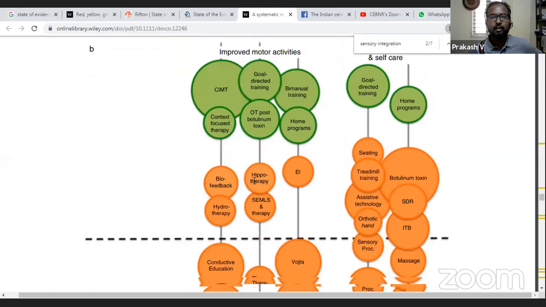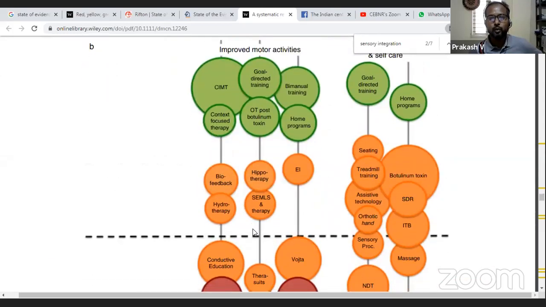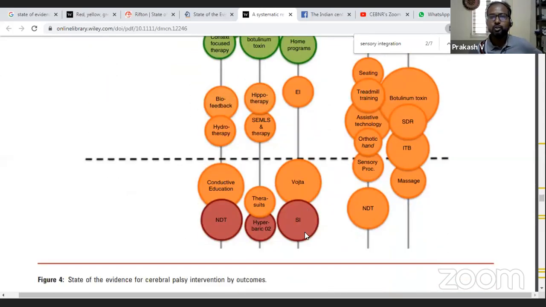And hippotherapy, we were discussing before, the evidence is unclear. But if you look at SI, the sensory integration, what you asked for, the evidence is very clear that sensory integration does not improve, and the red means don't do it. Red does not always mean that it does not improve.